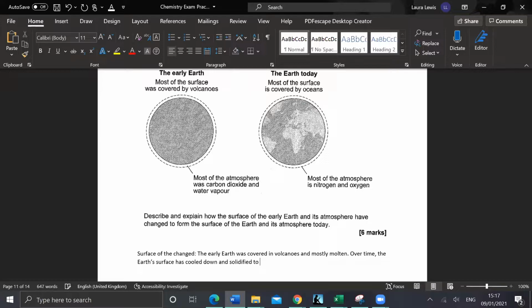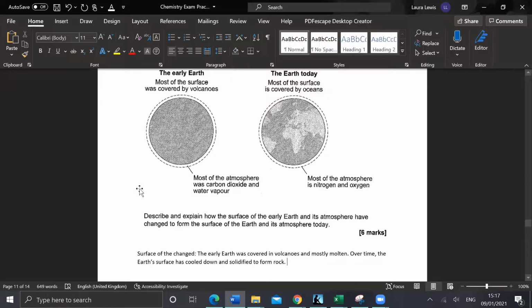If you look at volcanic eruptions in places like Hawaii and Iceland, you can see the lava comes out of the volcano and cools down, it forms rock. You might have a piece of lava rock at home. I've got a piece from Lanzarote. That was lava, it's cooled down. That's what happened in the early Earth, but it had lots more volcanoes.